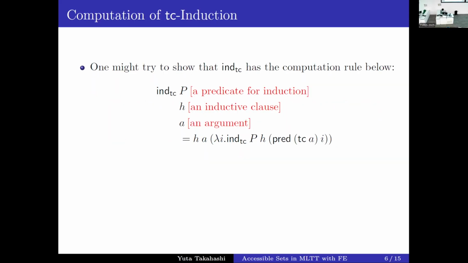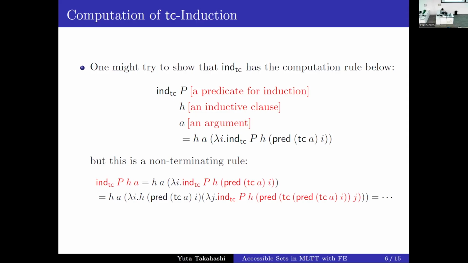One might try to show that the eliminator for the TC induction principle has the following computation law. This is the eliminator, and P is a predicate for induction. H is an inductive clause, and A is an argument. Then this term computes to the right-hand side, H, A, and here we have the induction hypothesis.